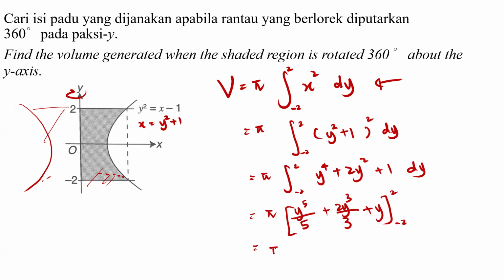Substitute: 2 to the power 5 over 5 plus 2 times 2 to the power 3 over 3 plus 2, minus the same function with negative 2 substituted in.